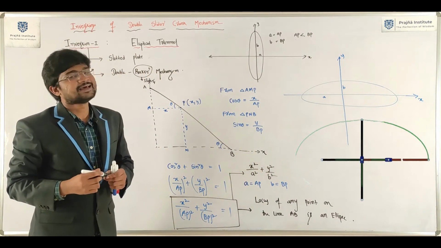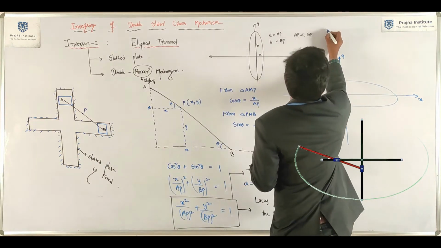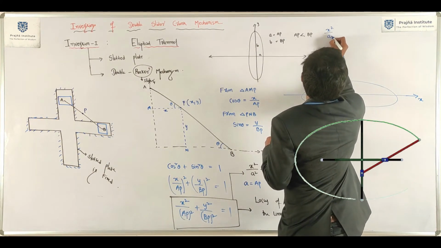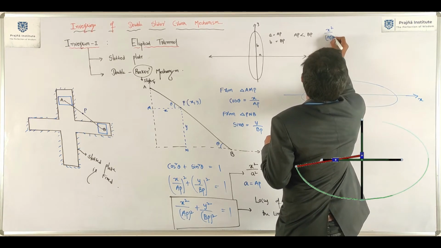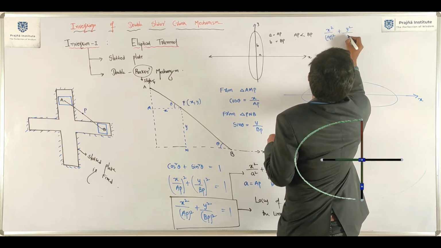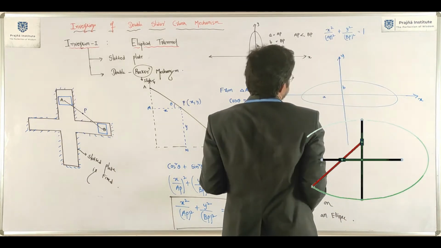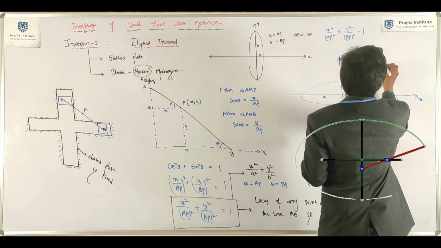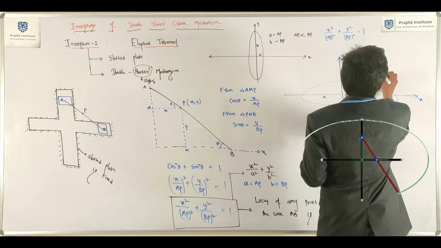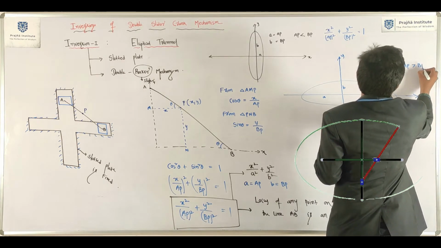In that case, we will get this kind of figure: x square by AP square plus y square by BP square equals 1.